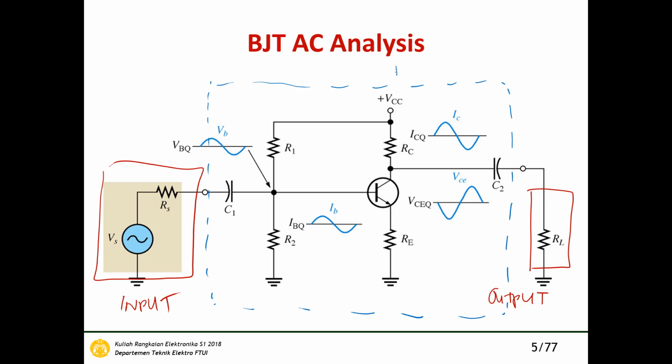As an amplifier, this configuration can amplify the signal from the input to the output. So the signal will go from here and then go to the output like this one.